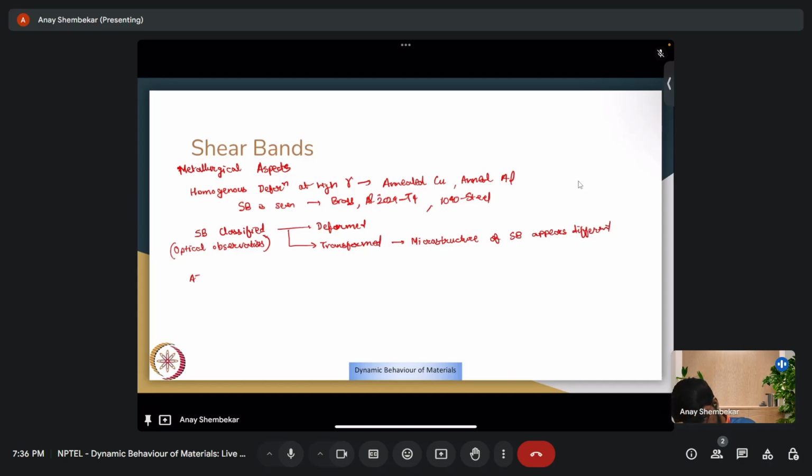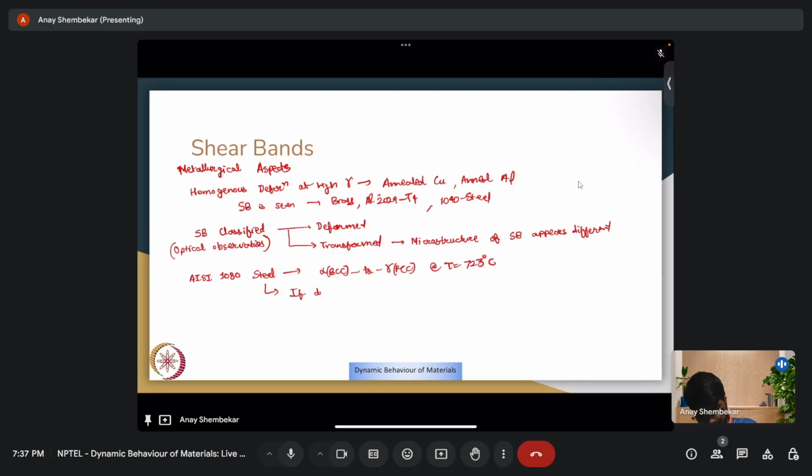Suppose you have AISI steel. Here we see an alpha, which is BCC, to gamma, which is FCC, transformation at 723 degrees Celsius. This comes from the unary phase diagram, which we have already seen.